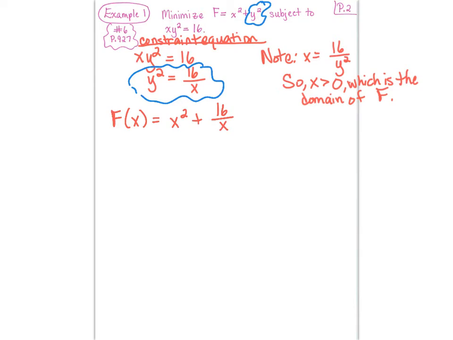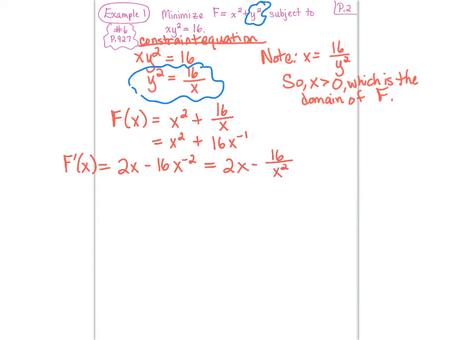Getting ready to find the derivative, that's x squared plus 16x to the negative 1. Now we want to find f prime of x. F prime of x is equal to 2x minus 16x to the negative 2, which is the same thing as 2x minus 16 over x squared.